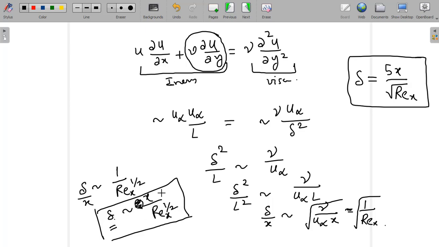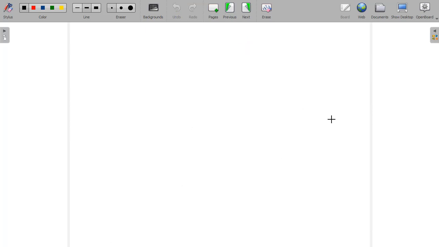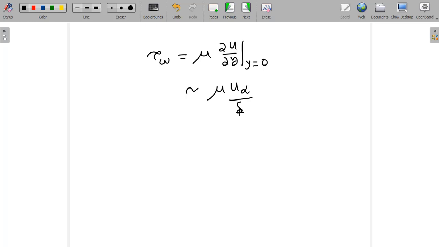Now let us see: if we can find the order of magnitude of delta, then we can also find the order of magnitude of tau wall. The wall shear stress, as you know, is mu into del u by del y at y equal to 0. So the order of magnitude will be mu into u infinity divided by delta. We already know the order of magnitude of delta, x by root over Re_x, so you just put in the value.